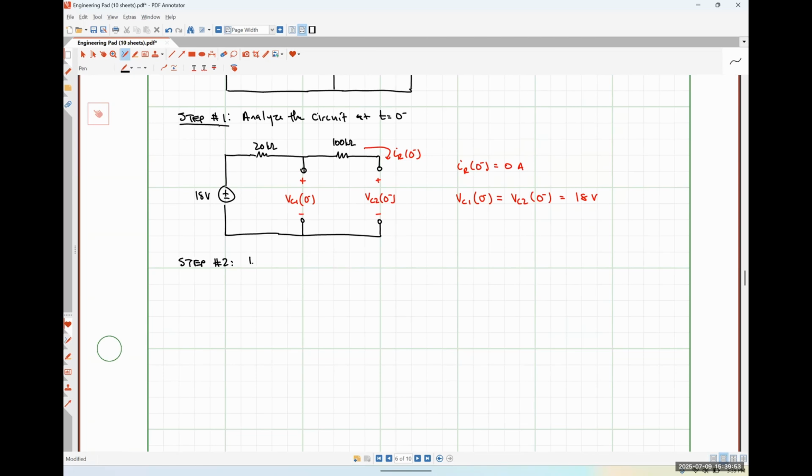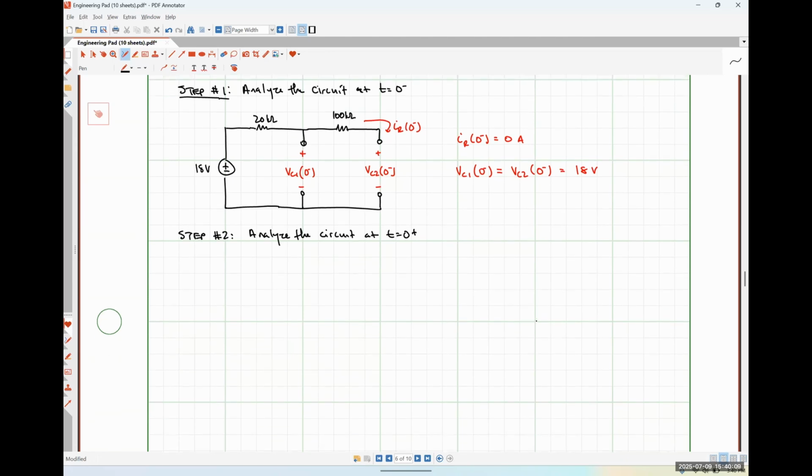Step number 2 is going to be to analyze the circuit at t is equal to 0 plus. So at t is equal to 0 plus, our switch is now open. And we are during the transient condition, so our capacitors are no longer going to behave as open circuits. So we should have something that looks like this.